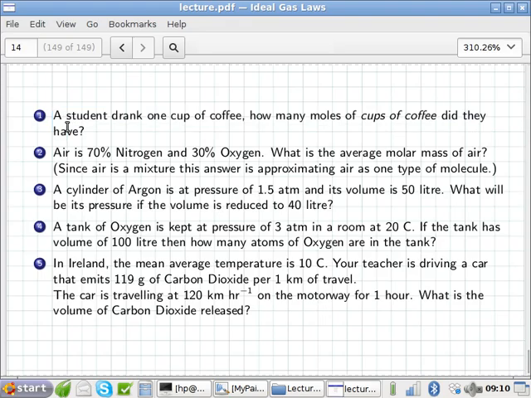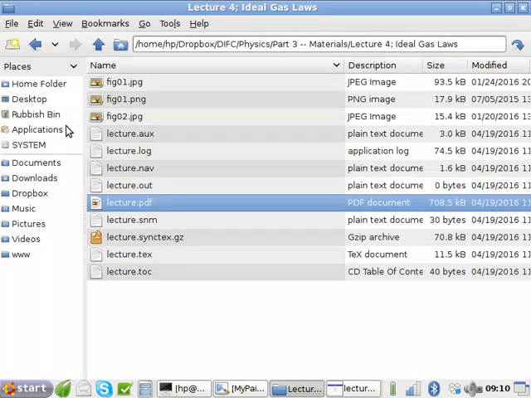Right, do we have the answer for the first one? The student drank 1 cup of coffee. How many moles of cups of coffee did he drink? Did anyone get this? 6.02 to the power of 23?